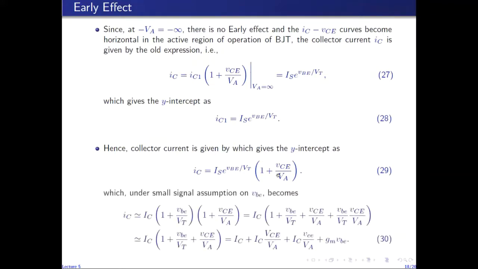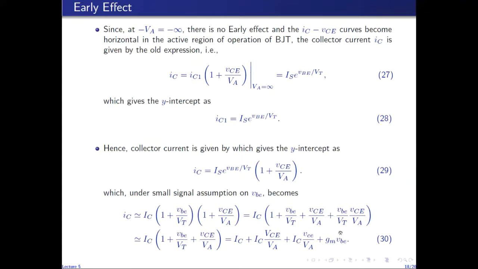So again, using the small signal approximation, we can approximate this term with this linear relation, in which this small VBE over VT has been assumed to be much smaller than 1. And then multiplying these two, we get this expression, in which this last term, which is the product of two terms, makes this overall expression nonlinear.